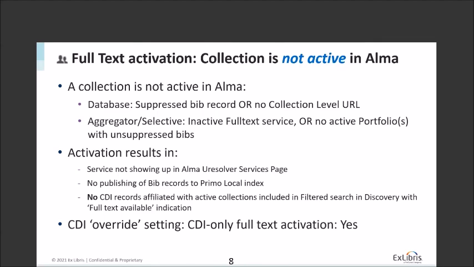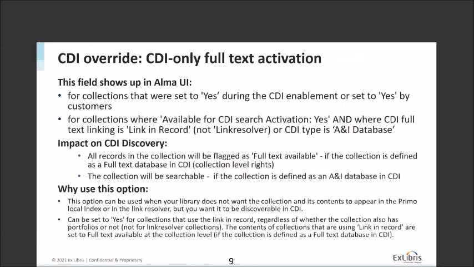So let's look at this override. What does it mean if you have this override? If you use the CDI only full text activation and you set it to yes for a specific electronic collection in Alma, this means that all the records in this collection will get the full text available indication and be included in the filtered search.